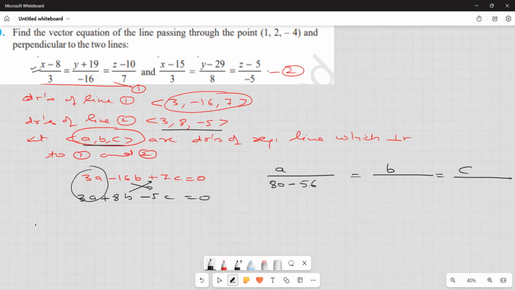How do we do it? Again, listen to this. This is minus 16, 7, 8 and minus 5. This into this minus this into this. So minus 16 into minus 5 is 80 and 8 times 7 is 56. Now for b, what do we do?